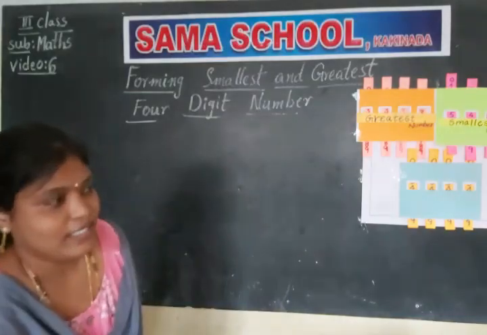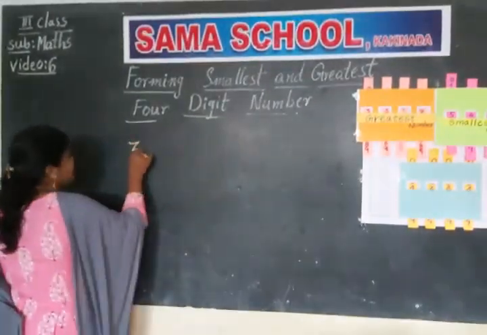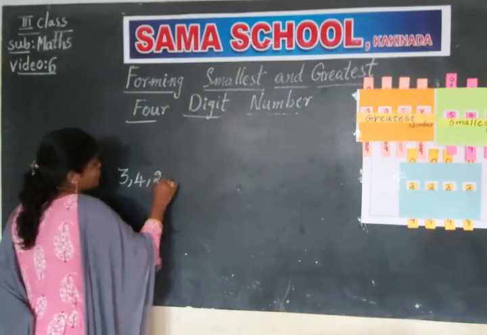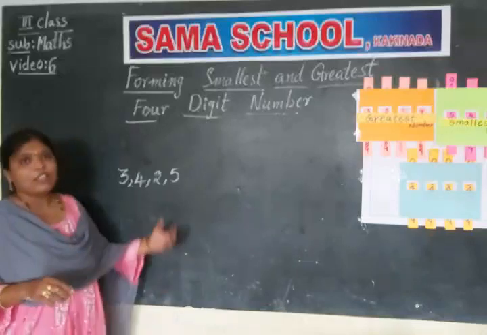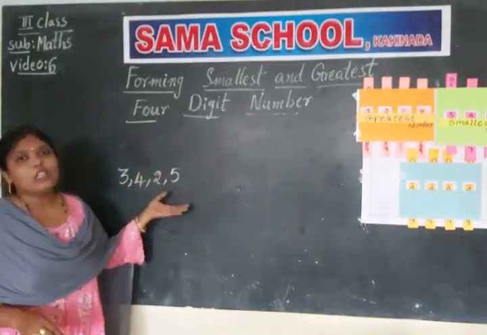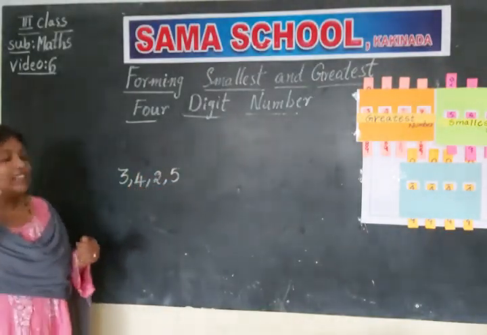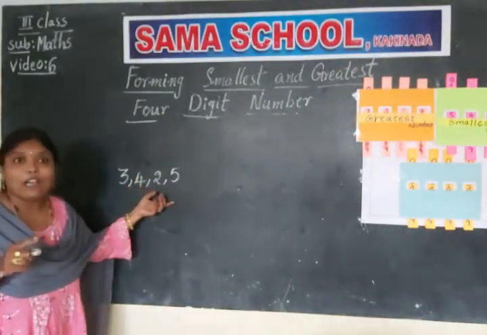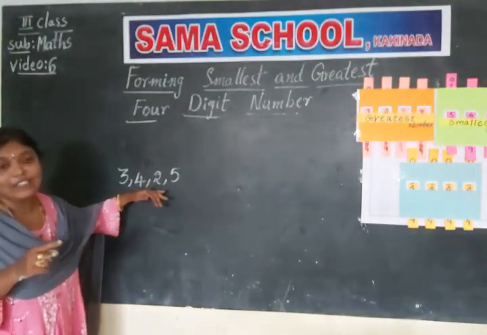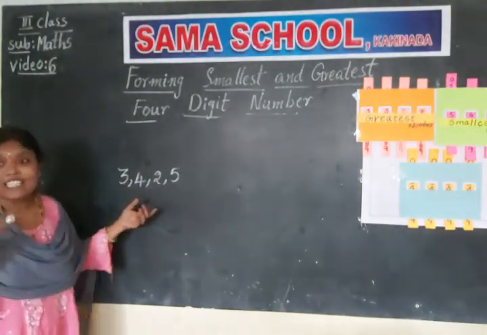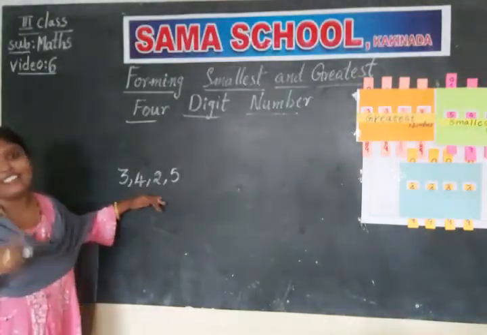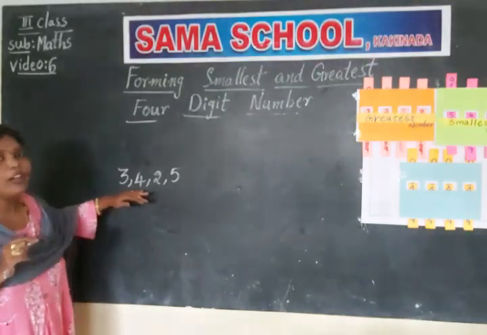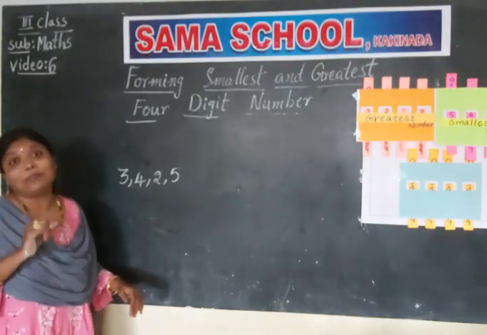If I write the numbers 3, 4, 2, 5, these are 4 separate digits. See children, here I have placed a comma after every digit. So you should understand that these are digits, not a number. If it is a number, we will not write a comma after every number.